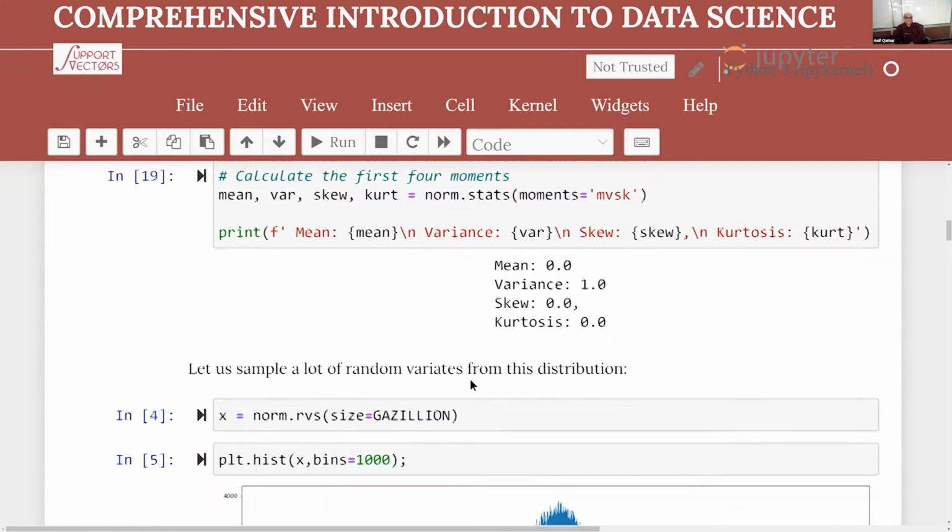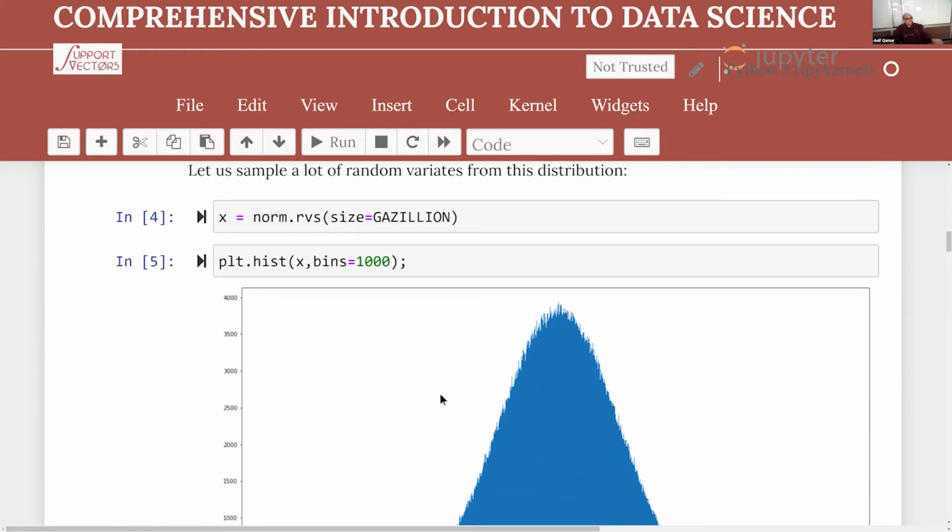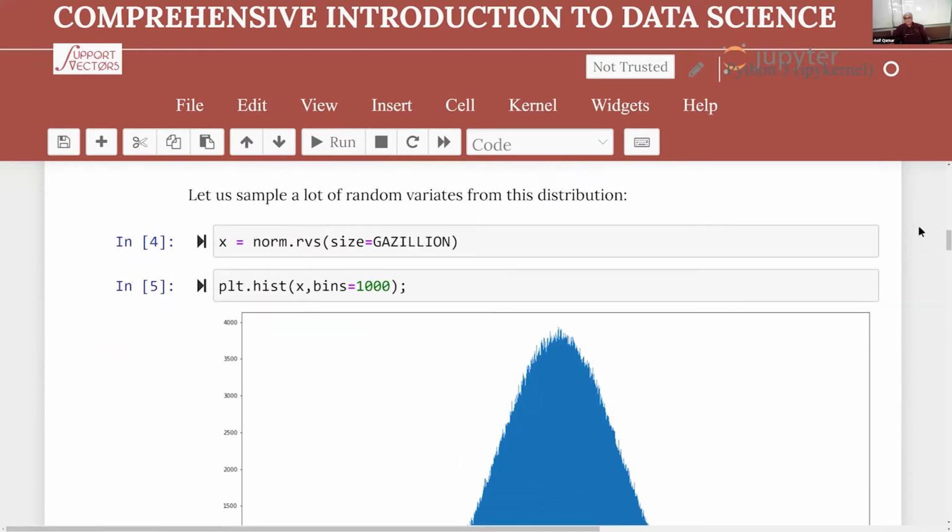So that's that. So guys, let's do this and plot it out. And while you're plotting it out, write it. So what in the world is the RVS? RVS is SciPy speak for random variates. So what is a random variate? One value drawn from the distribution, right?